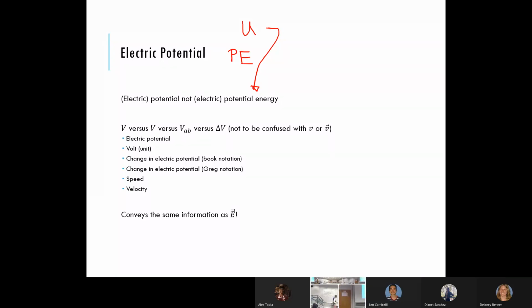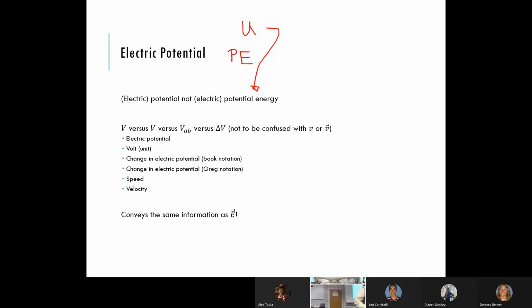Other questions? Can you repeat the difference between electric potential and potential energy?